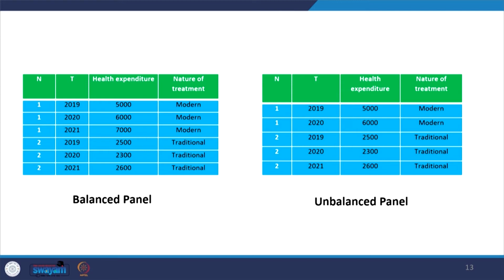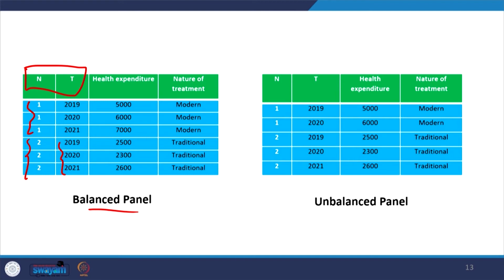Here healthcare expenditure and nature of treatment are given, where the first observation is repeated over different time periods, 2019, 20 and 21. This is the n times t dimension we are discussing, whereas the second observation is also repeated over the same time periods, and all the entries are available. That is why we say this is a balanced panel.